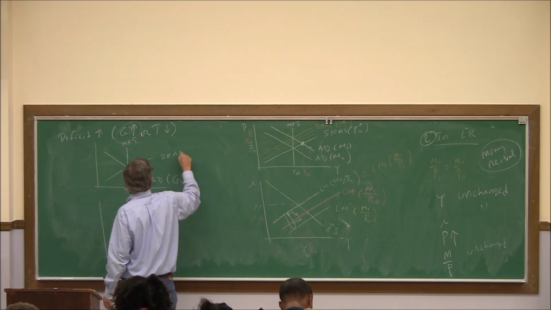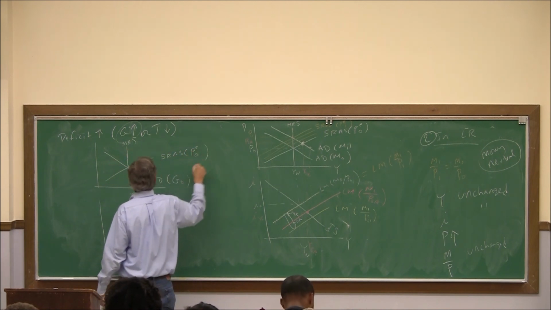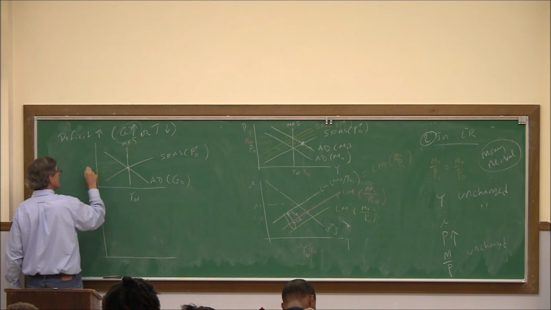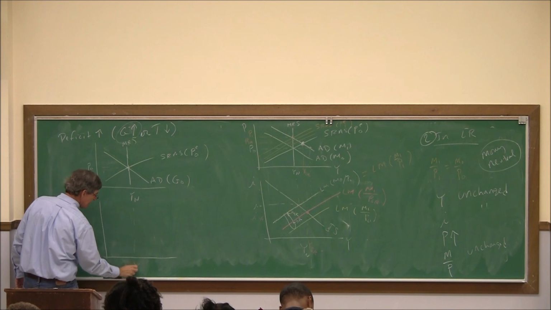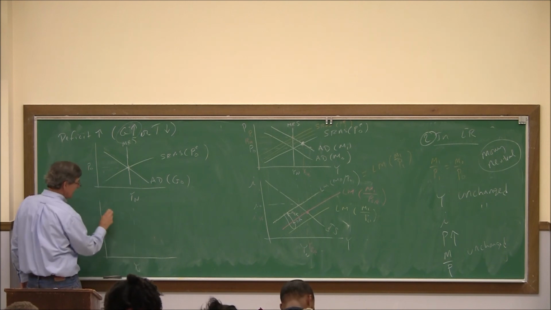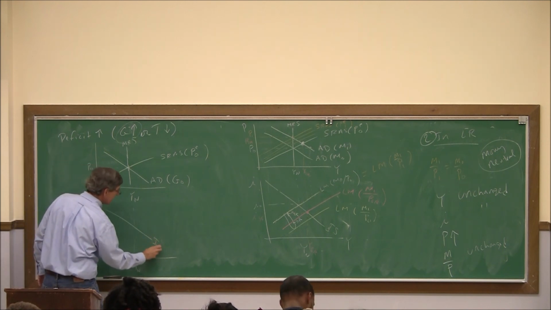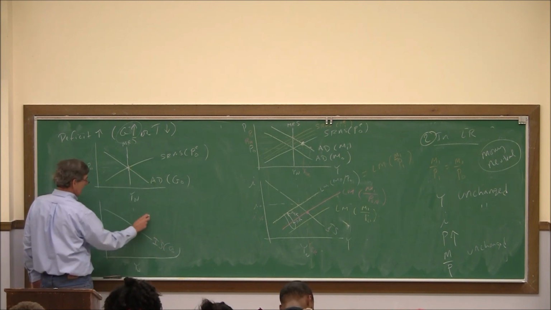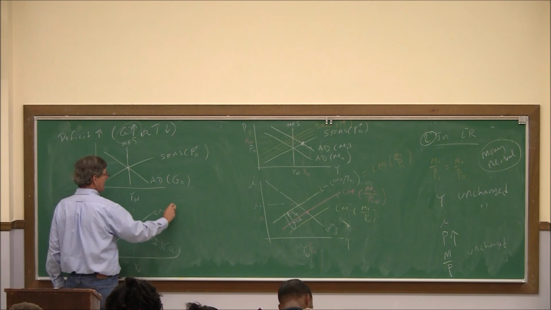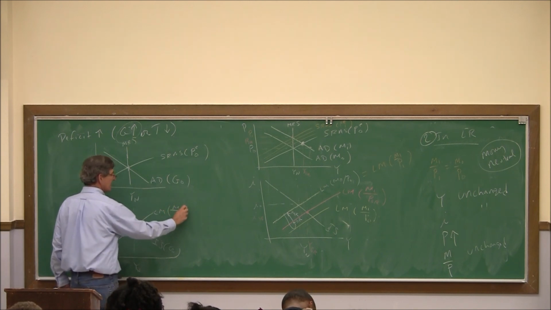Short run AS, PE0, and we're going to start at equilibrium. So the expectations are correct. Here's my N. Now we just have to hit the right points here. IS and G0. LM of M over P.